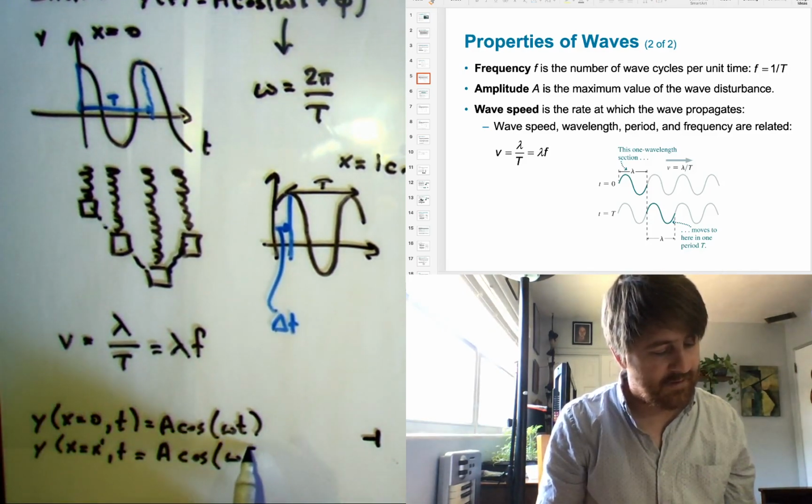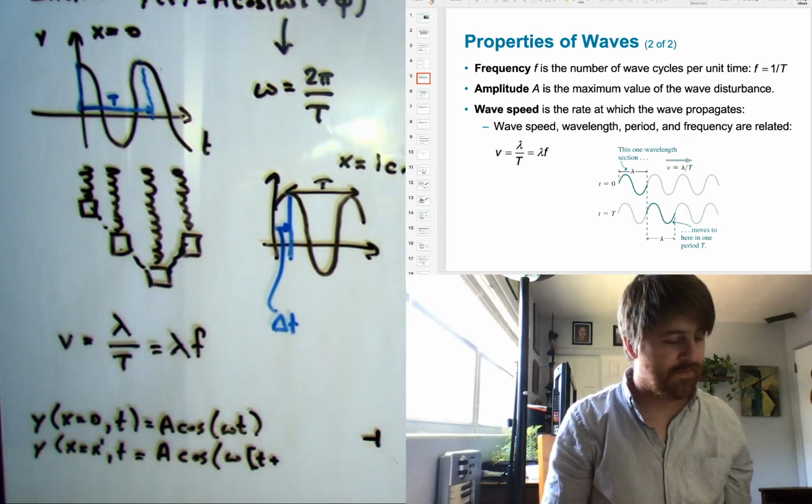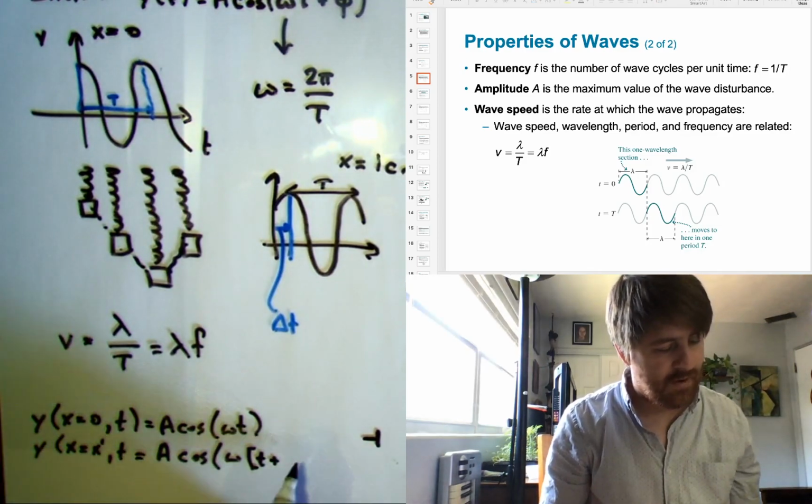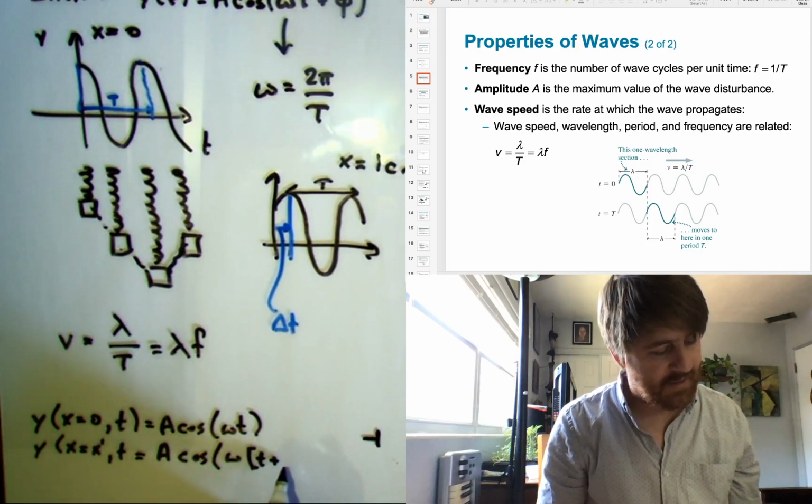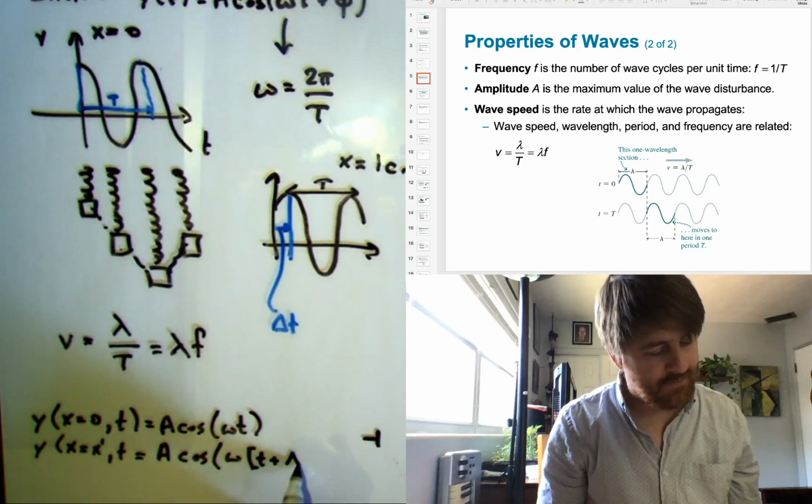So let's call it t plus some other parameter, some delta t.